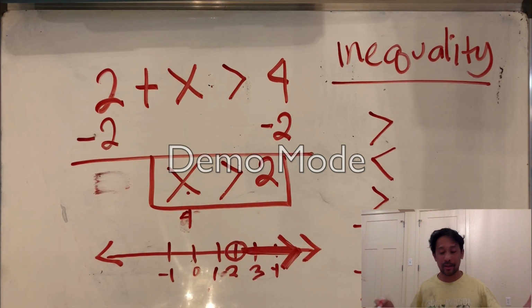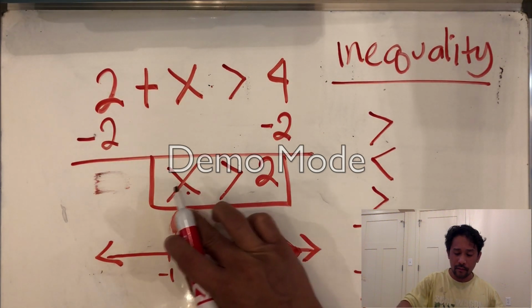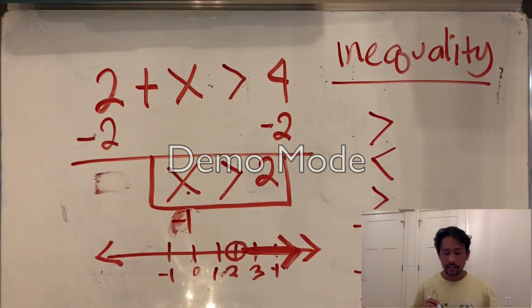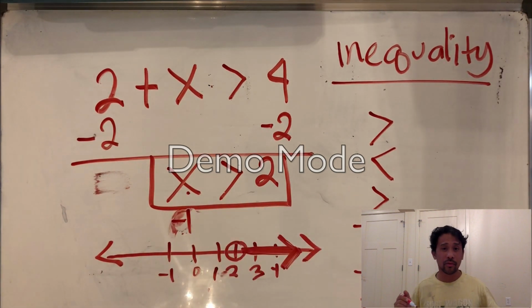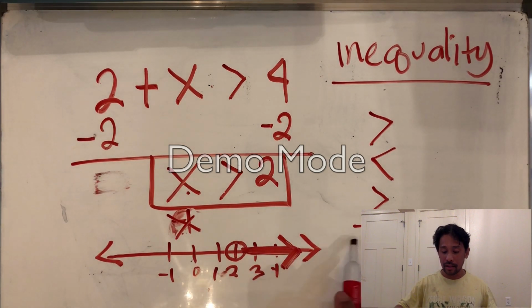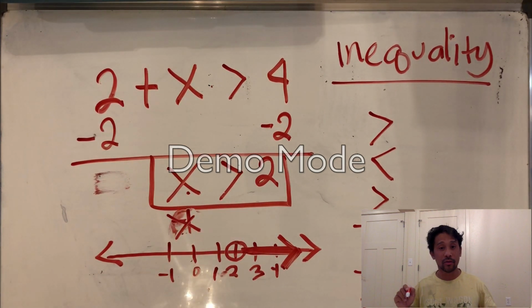Yes, the answer is correct. So yes, the graph goes there. How about I substitute -1? Is -1 greater than 2? Of course not. That is how we can be sure that the graph goes here, because if I substitute the values for x, it has to be greater than 2.